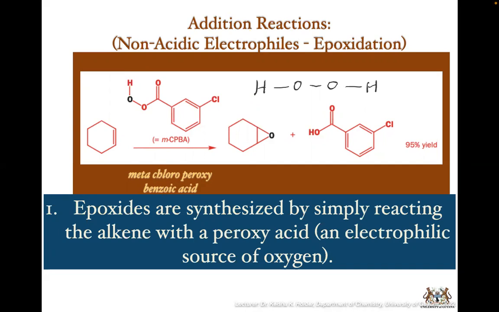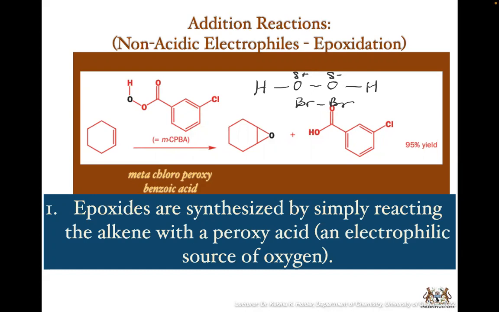And so similar to the bromine molecule that we just looked at, we are able to see that a peroxide bears the similar kind of feature in the sense that it places two electronegative atoms directly next to each other. And so what that does is it forces one of those electronegative atoms to bear a partial positive charge.